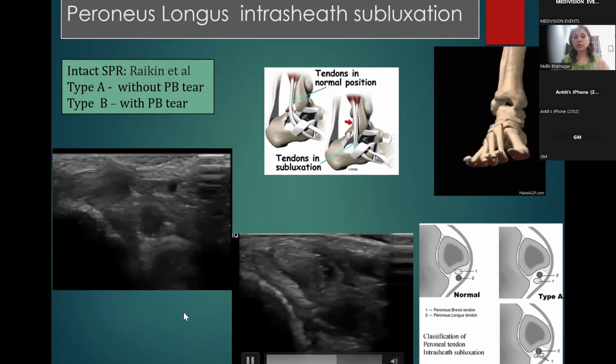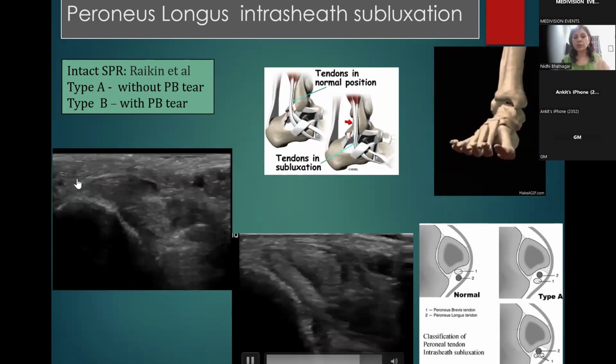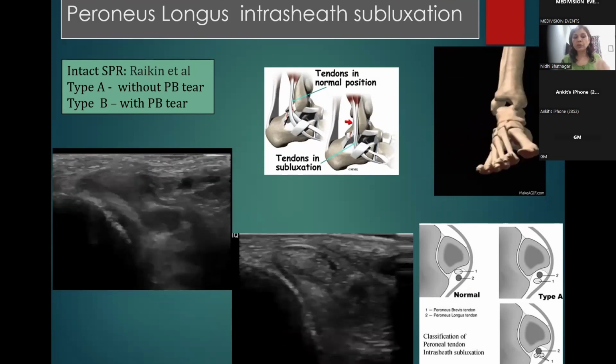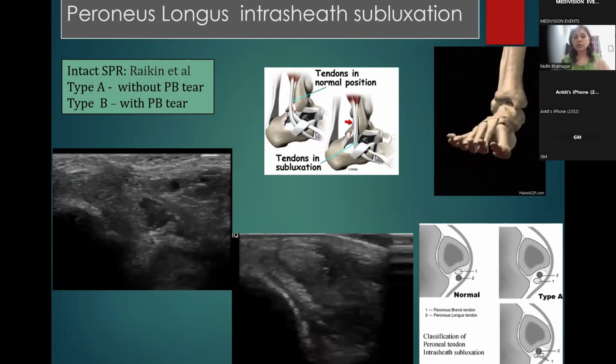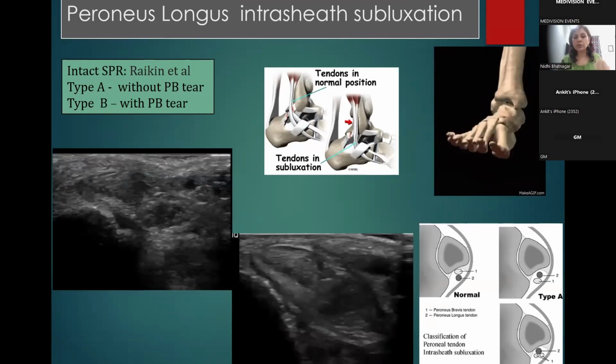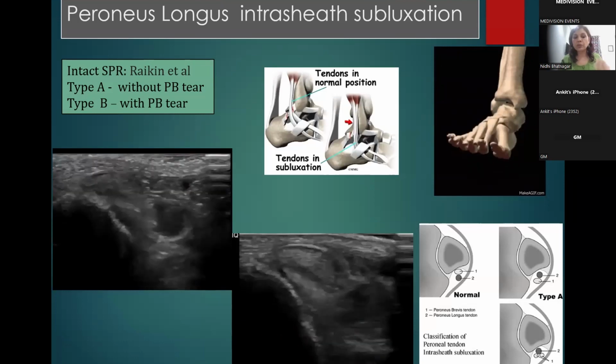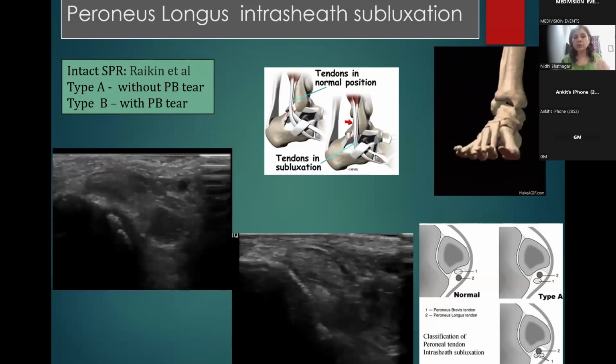This is laxity of the SPR versus where this was nice, tenacious, and snug. So laxity leads to the intrasheath subluxations, tendinosis, tears, and the pathology we understood. And this is the only way that you will be able to demonstrate whether this is a lax SPR.